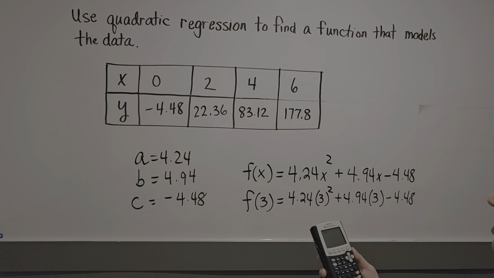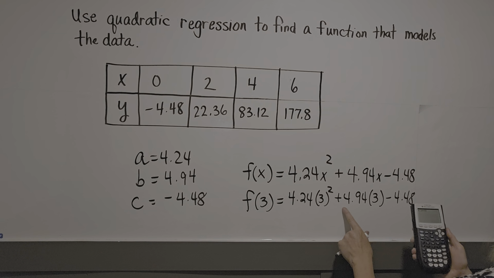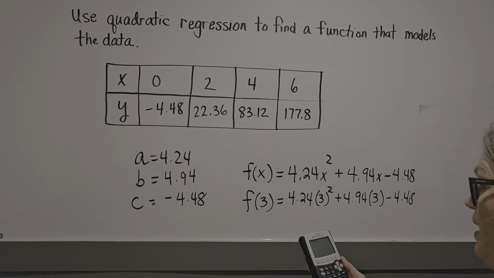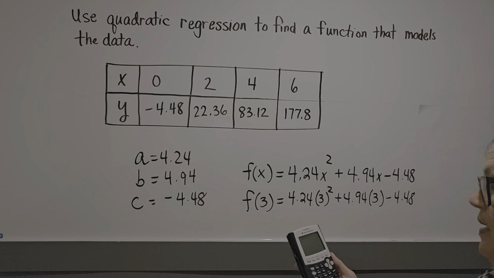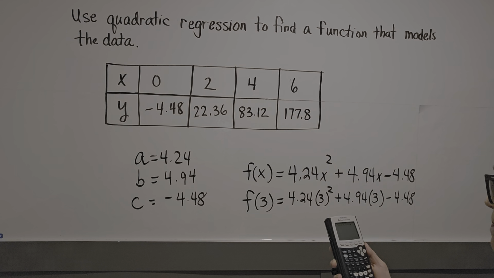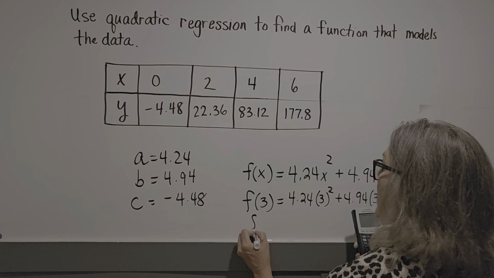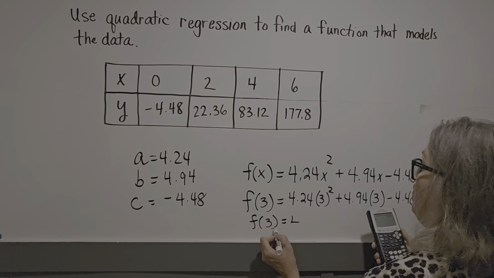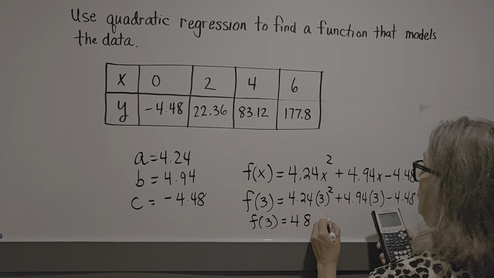And then plus 4.94 times 3. And then finally minus 4.48. And I get 48.5. So f of 3 is 48.5.